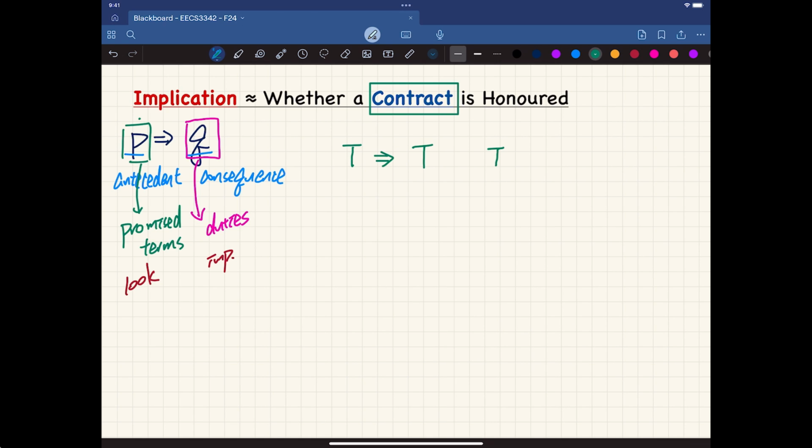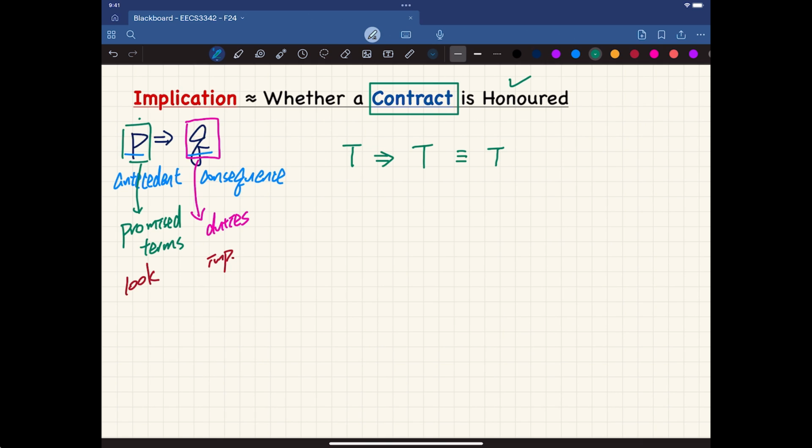That's the simplest case. Given that the promised term is really given to you, and accordingly you did your duties, the contract should be honored. Okay, so that's why we see true implies true is equivalent to true. Now, what can be a false case?